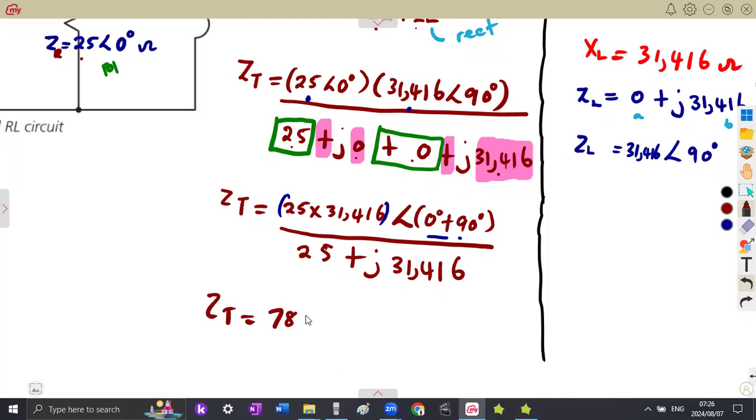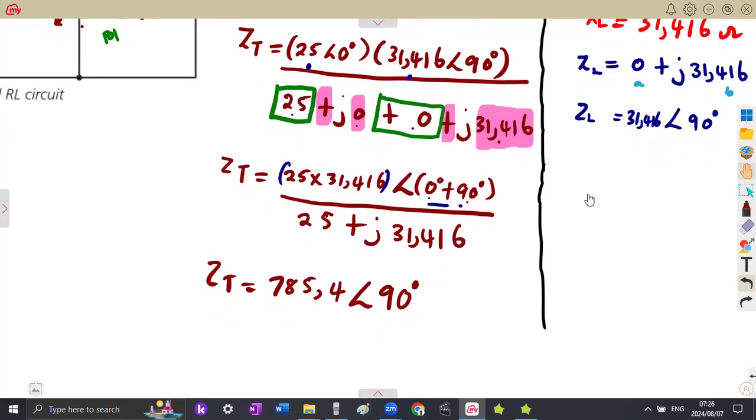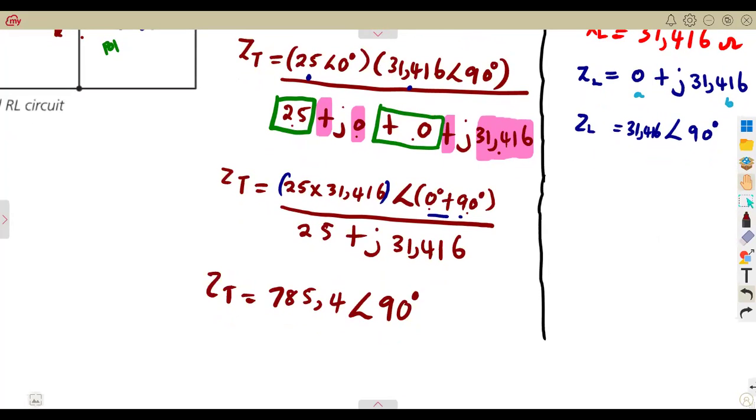Then the angle, you add 0 plus 90, that's 90 degrees. This is what you could have obtained from the multiplication.